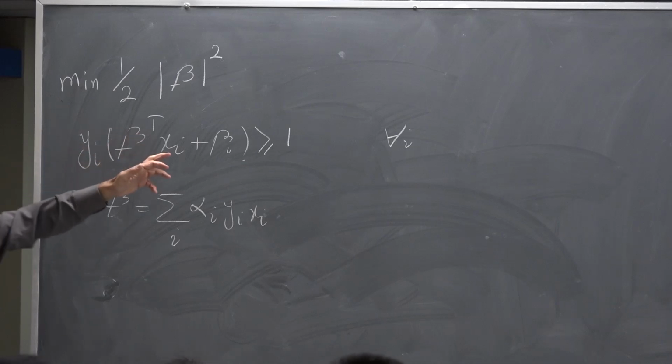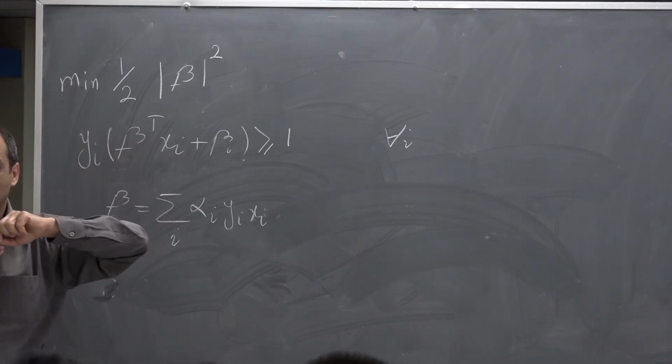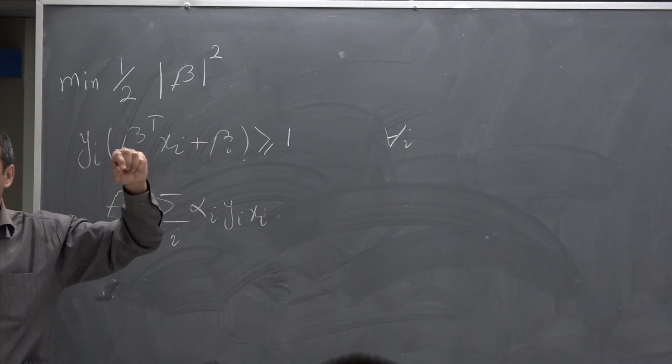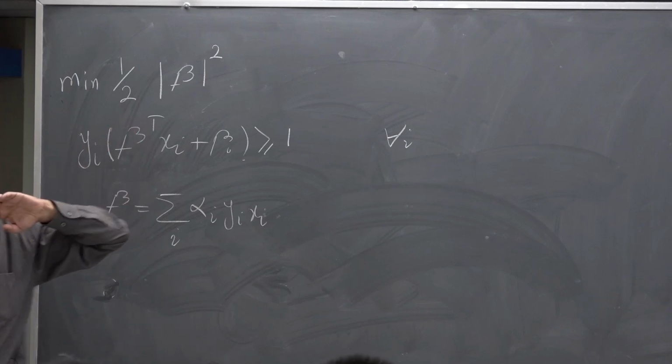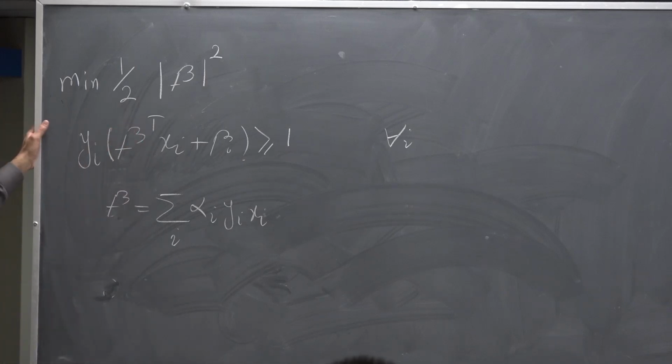You solve the dual form of this optimization problem, and you have alpha. You have a vector of alpha; corresponding to any point, you have alpha i. So we know how to compute beta. How can I compute beta null? Any idea?